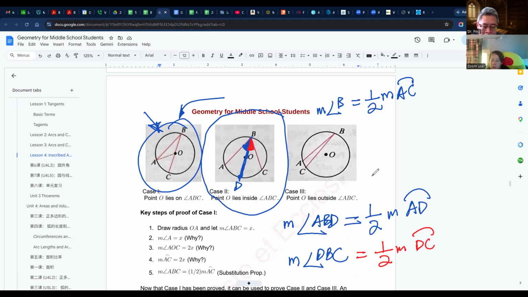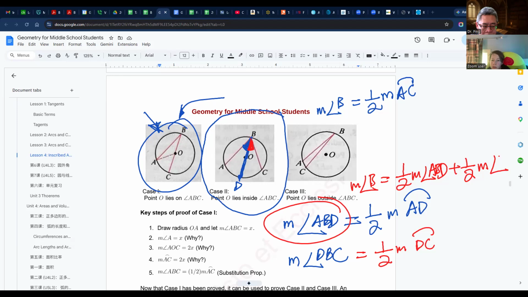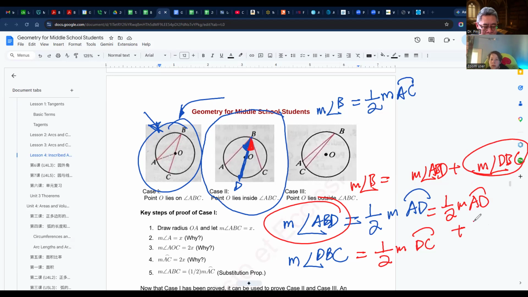Now, if we add together, we know the measure of B is measure of ABD plus measure of DBC, which is, oh, not half, it's add, not half. Later on, we'll have half. This is half of measure of AD, then this one is half of measure of DC.